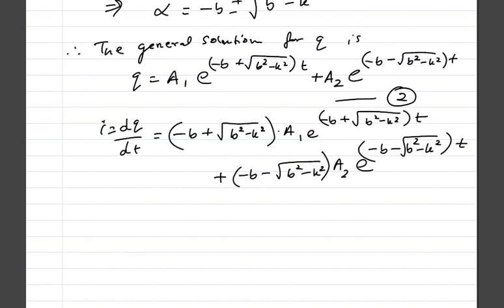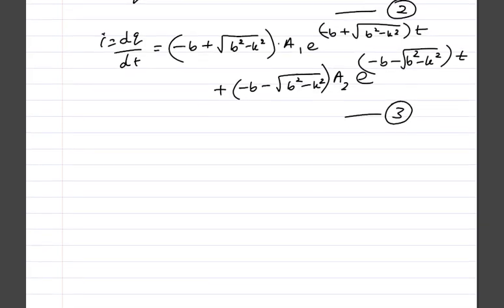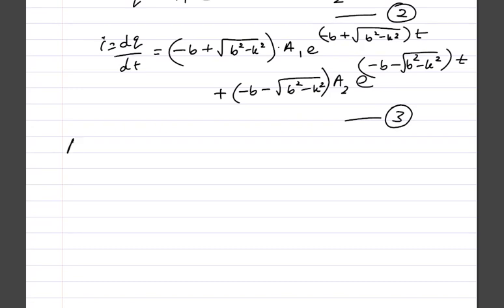That is the equation, I call that 4. Now we apply the boundary conditions.